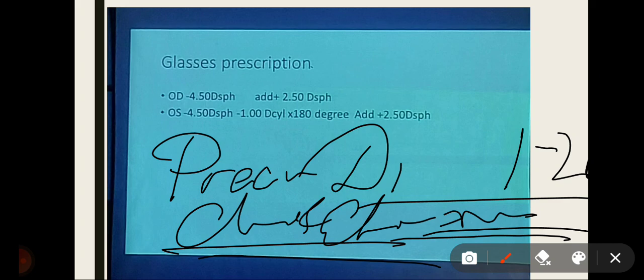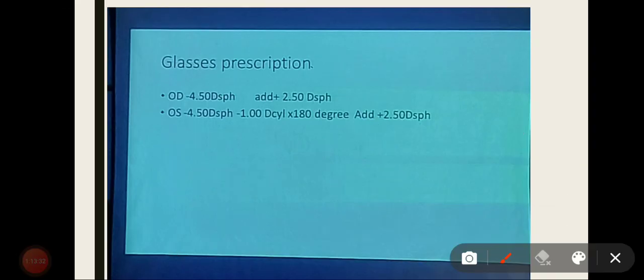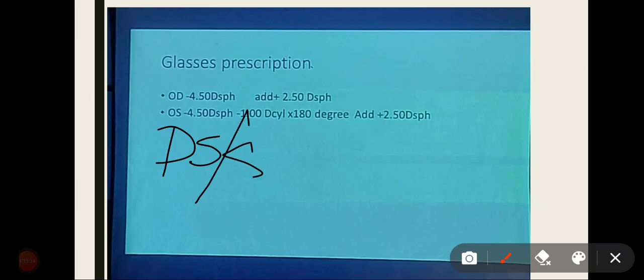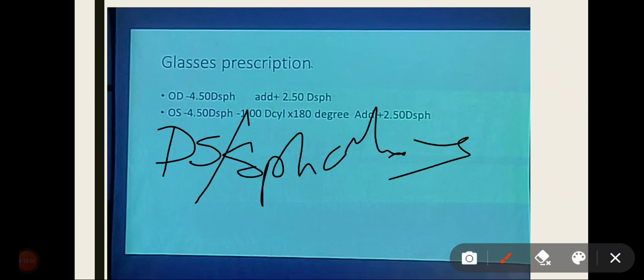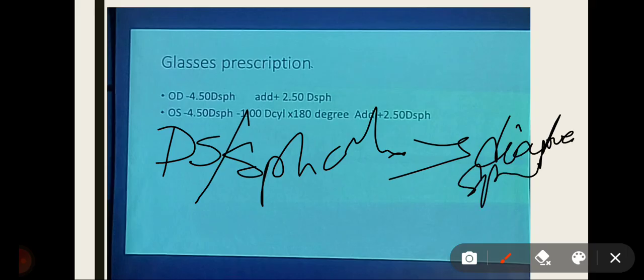And so what you guys learn: DS is diopter sphere.